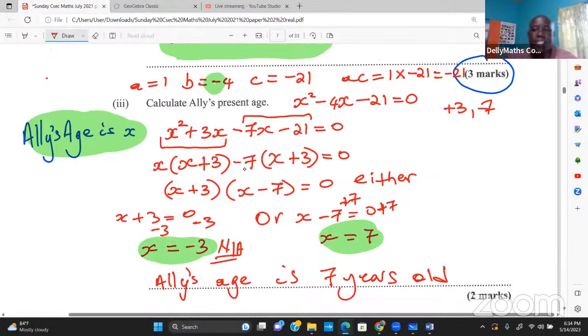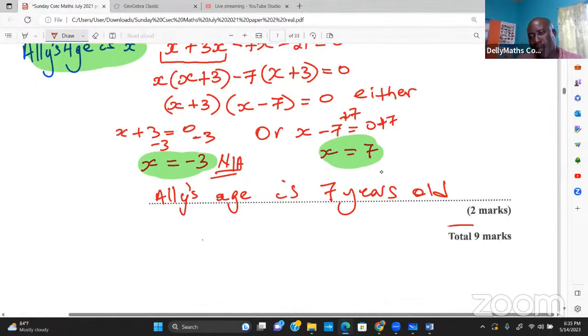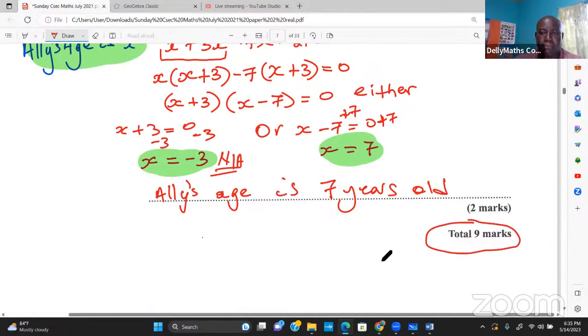For the context of the question, the age of a person cannot be negative. All right, so we put it together and there it is. Ali is 7. That's another 9 marks. That's 18 marks already.